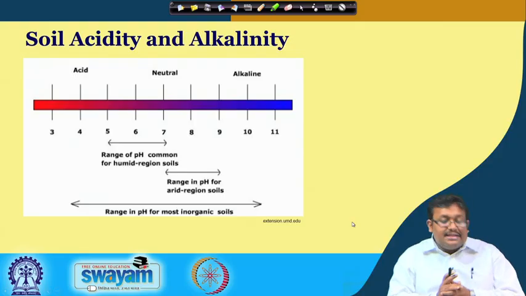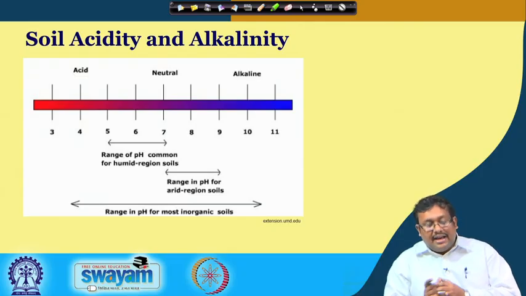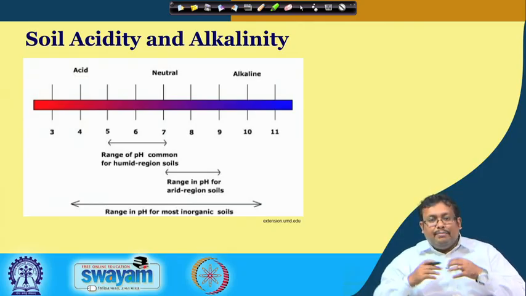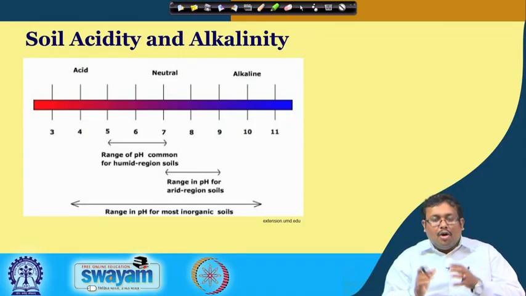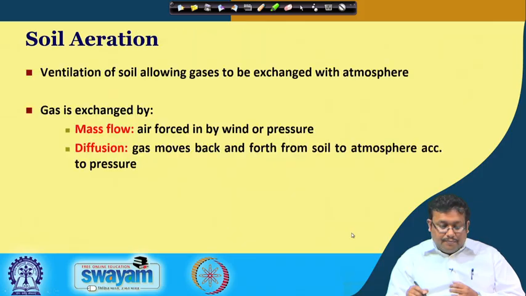This chart shows the ranges of acidic, neutral, and alkaline soil. And remember one thing: for plant growth and nutrient uptake, the most optimum pH range is 6.5 to 7.5. All the nutrients are available in optimum quantity in this pH range.